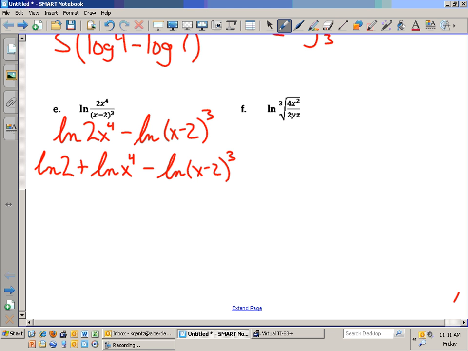See how I broke up 2x to the fourth into 2 pieces? Now I have a single base that's being taken to a power. So now I can move my exponents out front. So I have the natural log of 2 plus 4 natural log of x minus 3 natural log of x minus 2.